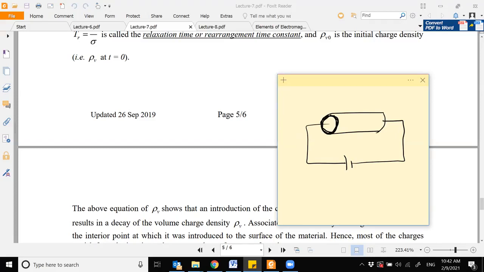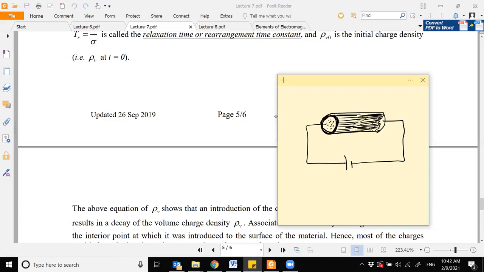Most of the charges will move to the surface and create what is called surface charge. They will all move along the surface, not inside.